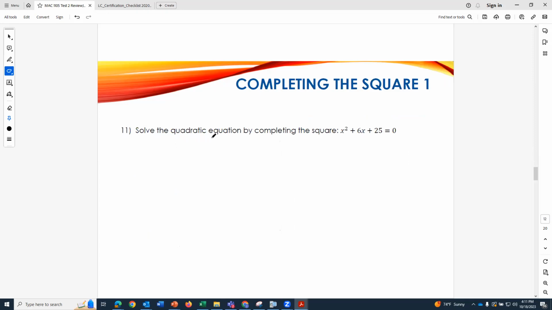And solve the quadratic equation by completing the square. We have x squared plus 6x plus 25 equals 0. The first thing we have to do is isolate the constant term, subtracting 25.